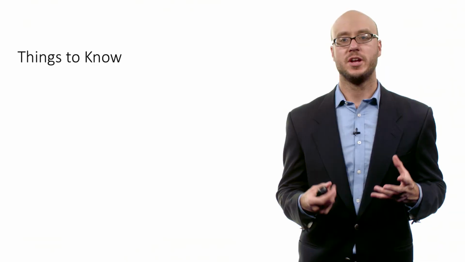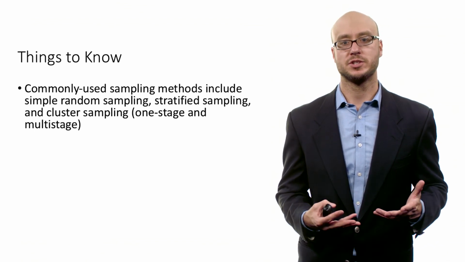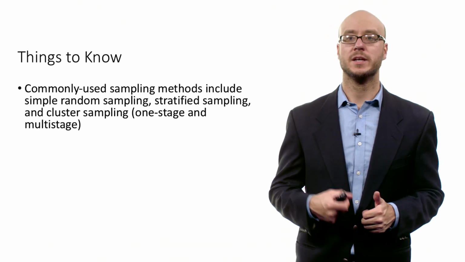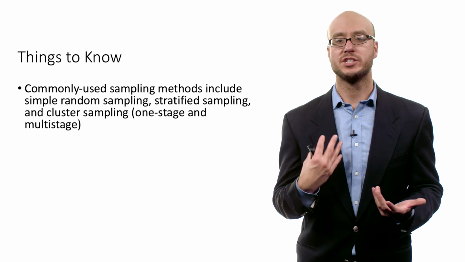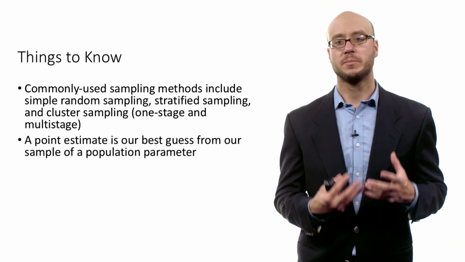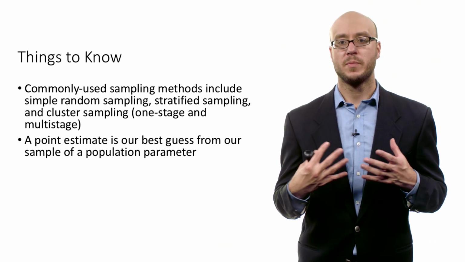There are a couple things to know about our discussion of sampling procedures and the sampling distribution. Some of the commonly used sampling methods include simple random sampling, stratified sampling, and cluster sampling, and we looked at both one-stage and multi-stage cluster sampling techniques. A point estimate is simply our single best guess, without additional information, of a population parameter.